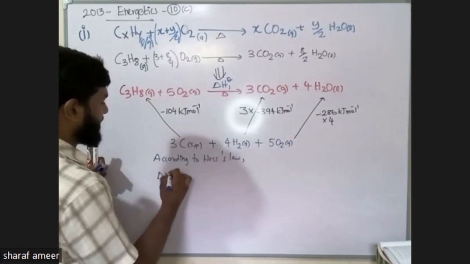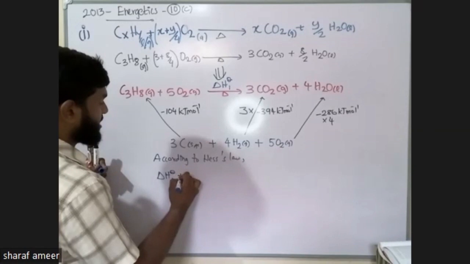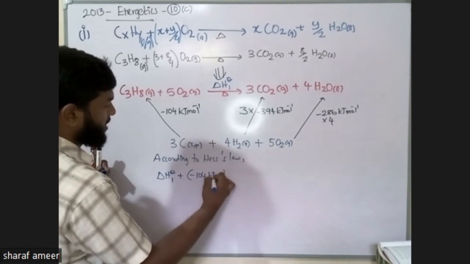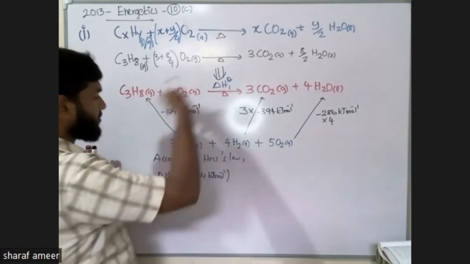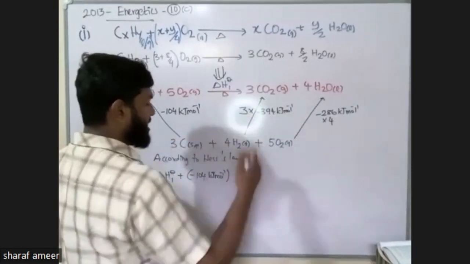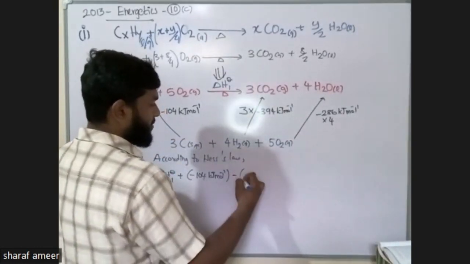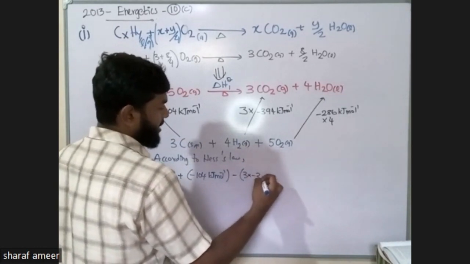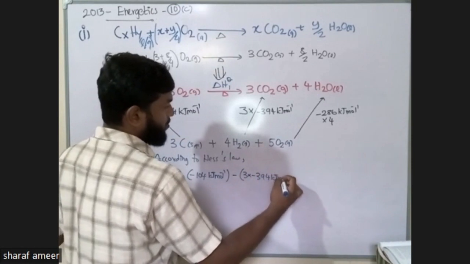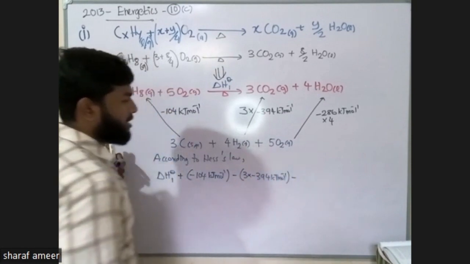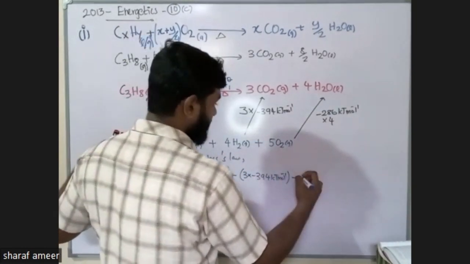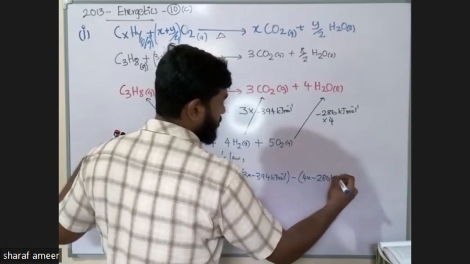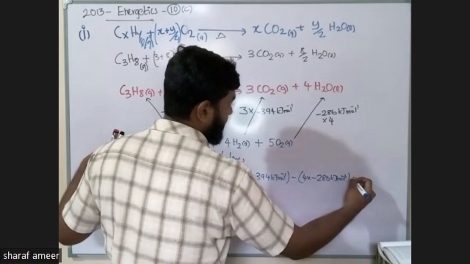So delta H theta 1 plus bracket minus 104 kilojoule mole minus 1. This side is plus, no? This side is going to be minus, minus bracket, 3 into minus 394 kilojoule mole minus 1, minus bracket, 4 into minus 286 kilojoule mole minus 1, which is equal to 0.